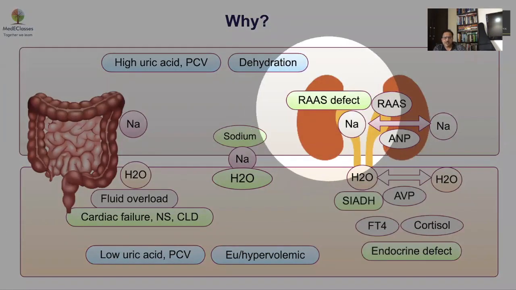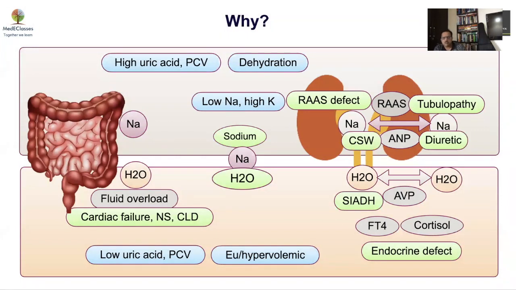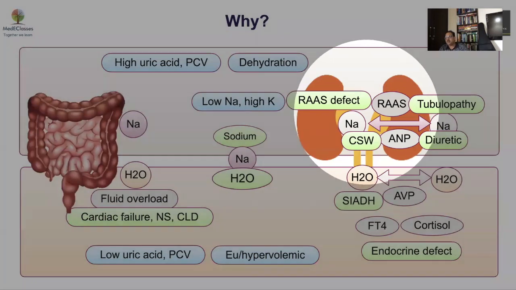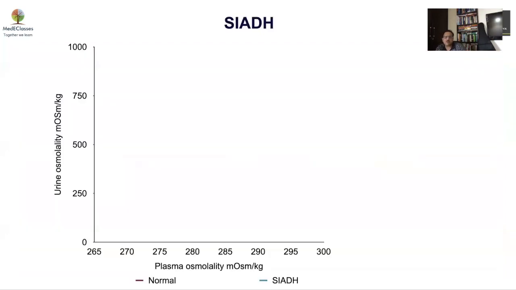RAAS defect can cause hyponatremia along with hyperkalemia, while tubulopathy can cause hyponatremia with hypokalemia, along with diuretic use. Cerebral salt wasting is a condition which we don't consider very often, but should be considered if you are having a CNS insult and suddenly somebody is passing a lot of urine and there is hyponatremia.